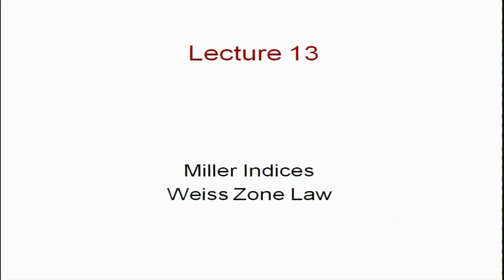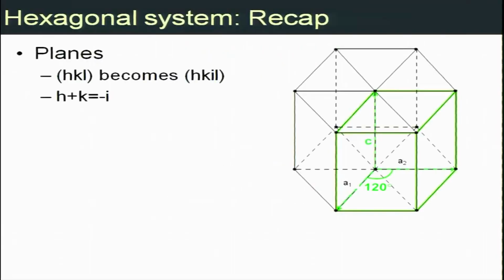Okay. So if I go to the next slide, this is the recap of the last lecture. We have this hexagonal lattice, and within it you have this green colored smaller unit cell, which is the primitive unit cell of the hexagonal lattice.